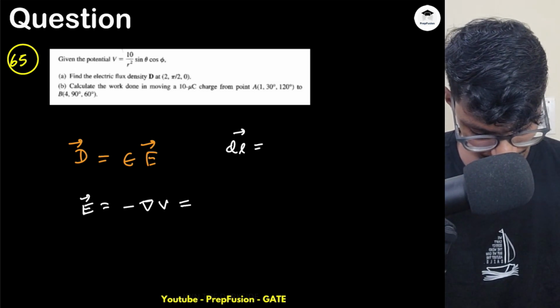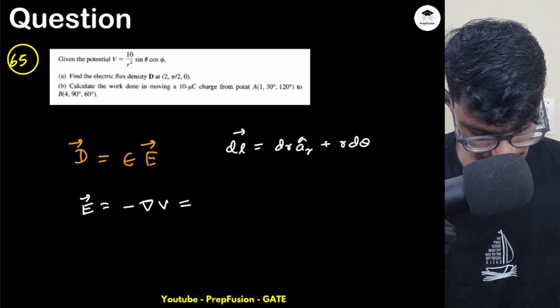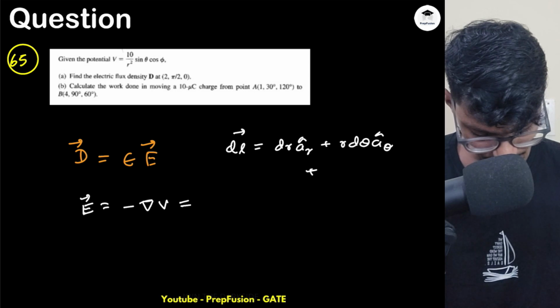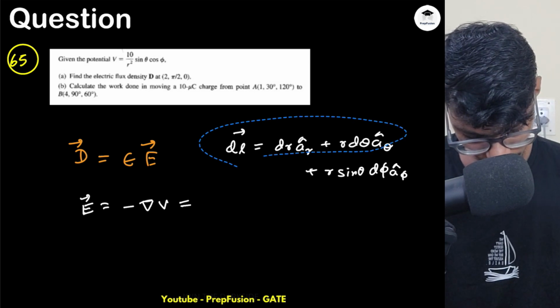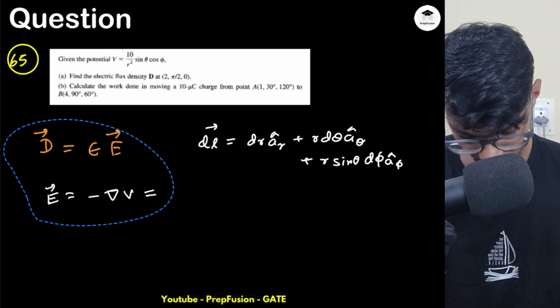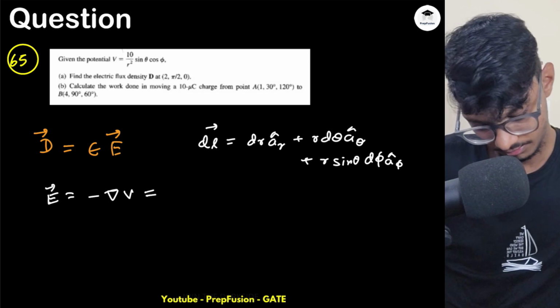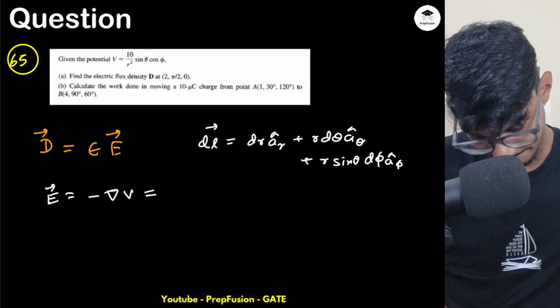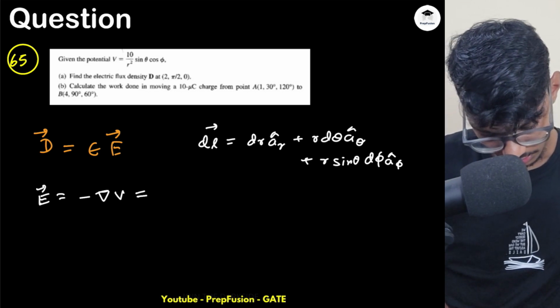Basically it will be dr a_r cap plus r d theta a_theta cap plus r sin theta d phi a_phi cap.